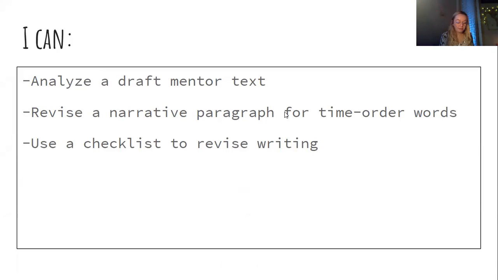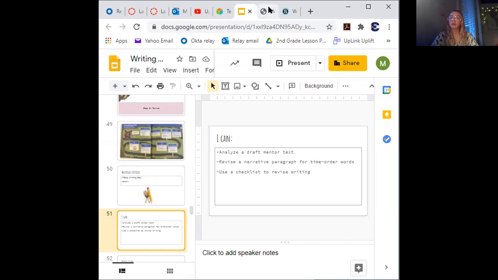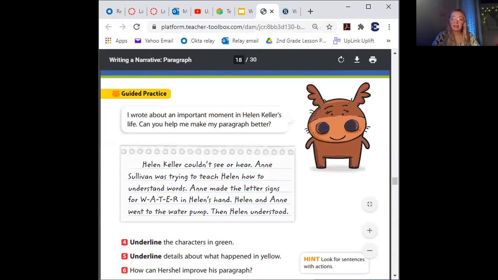So on Friday, if you need a little refresher, we read Ava's mentor text and we helped her revise it using a checklist. Today, we're going to have a little bit more practice with that. We're going to read Herschel's text and practice revising his text.